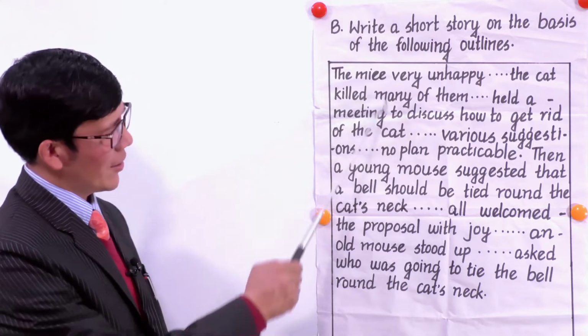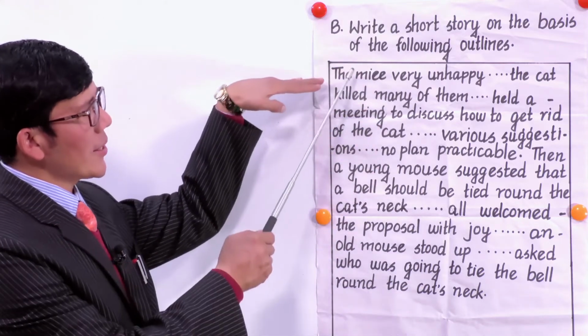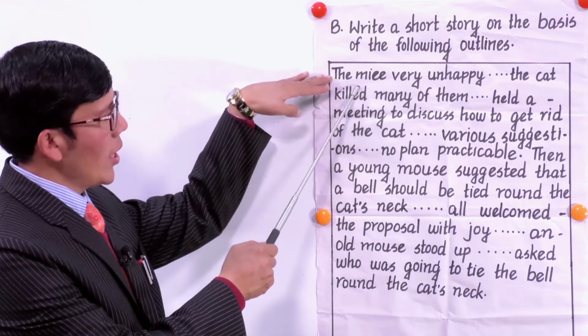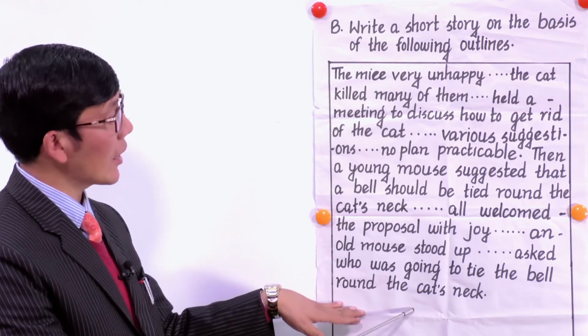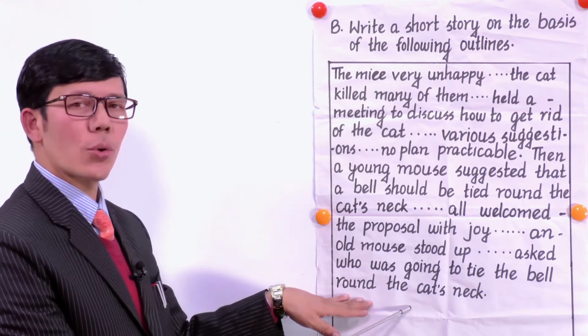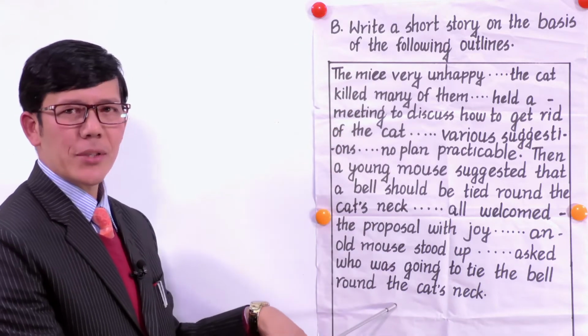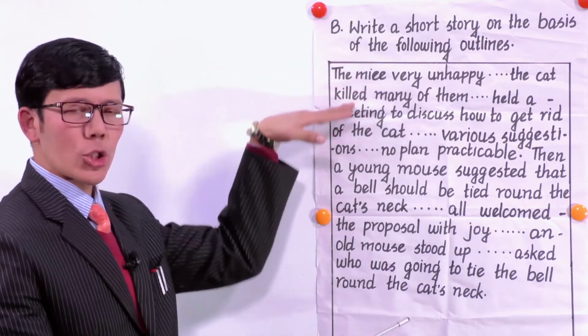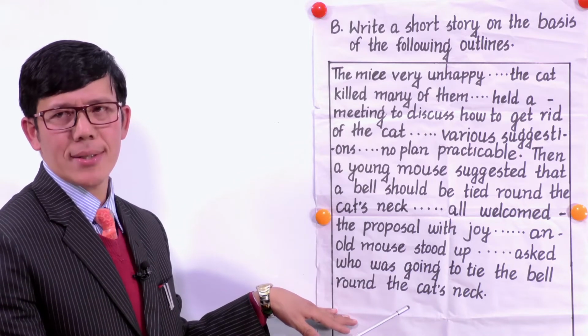Now, you got to know how the story starts, how it develops in the middle, and look at the ending part, how the story ends. I hope all of you are clear about the sequence of the events given in the outlines.